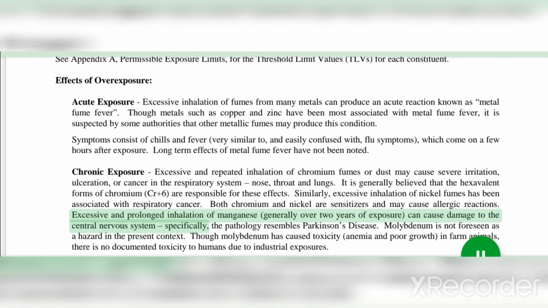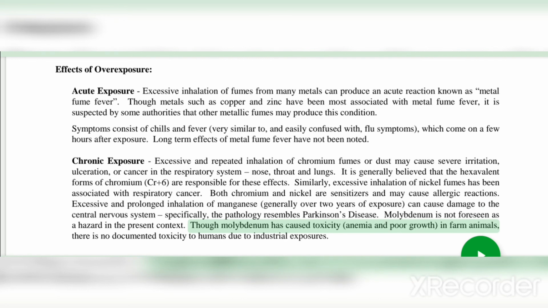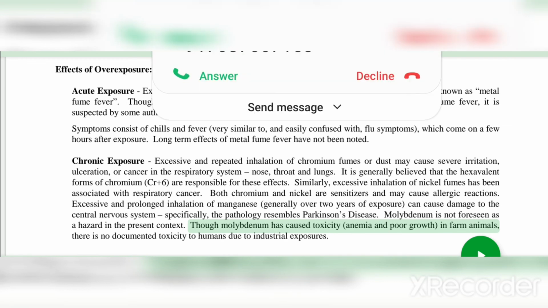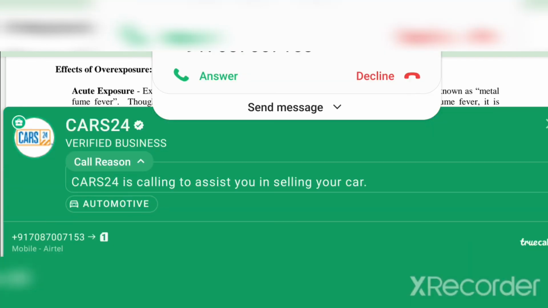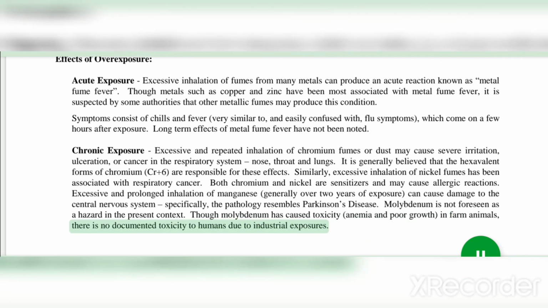Excessive and prolonged inhalation of manganese, generally over 2 years of exposure, can cause damage to the central nervous system. The pathology resembles Parkinson's disease. Molybdenum is not foreseen as a hazard in the present context, though molybdenum has caused toxicity, anemia, and poor growth in farm animals. There is no documented toxicity to humans due to industrial exposures.